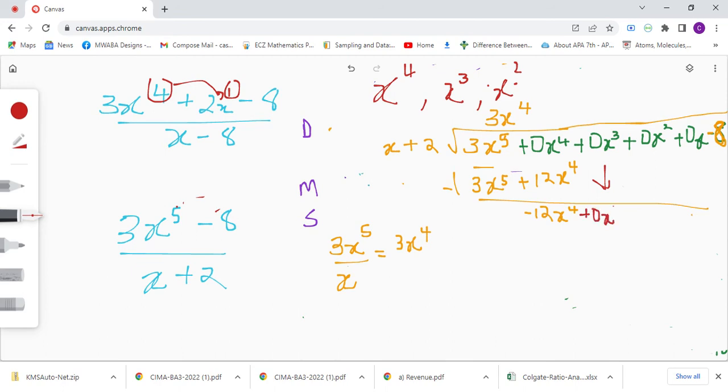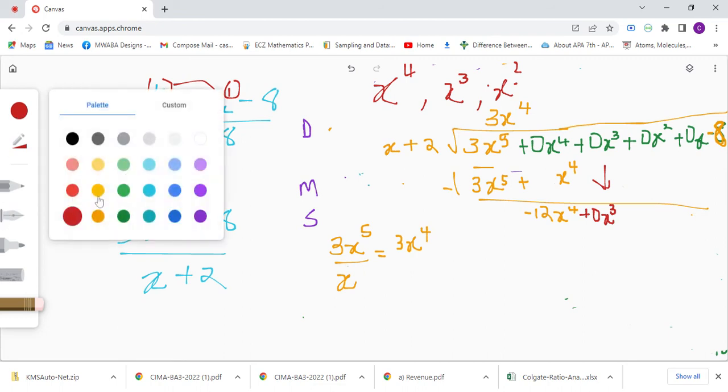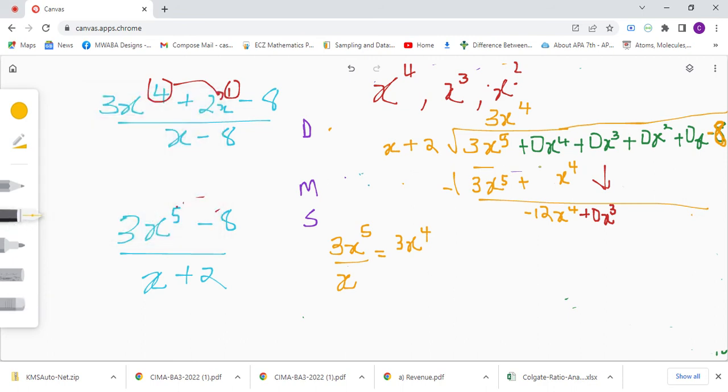So where's the 12 coming from? Oh, it's supposed to be 3 times 2, it's supposed to be 6. Okay, thanks for being attentive. 6x, so yes, it will be negative 6x here.